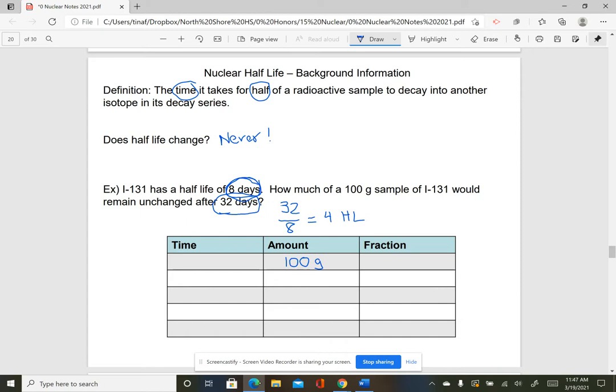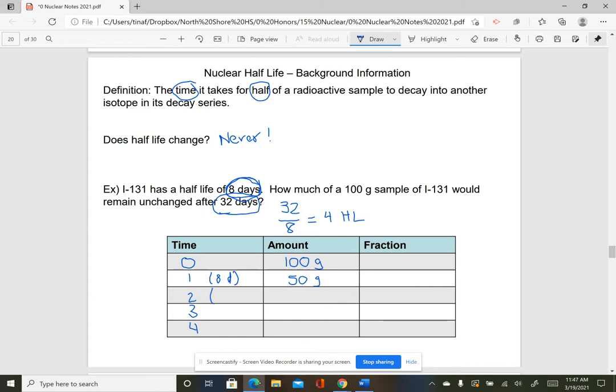So when no time went by, I had 100 grams of my sample. I know that this iodine underwent 4 half-lives. So after 8 days went by, one half-life, my mass gets cut in half.